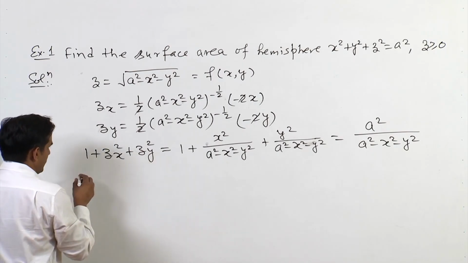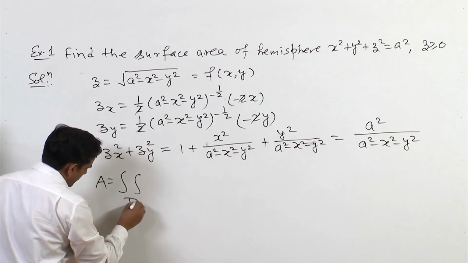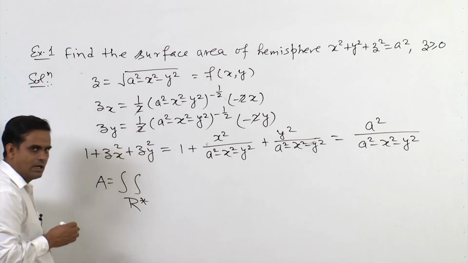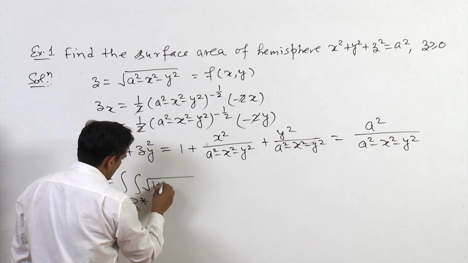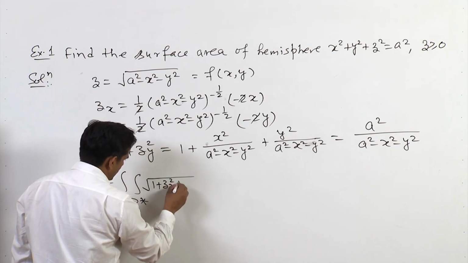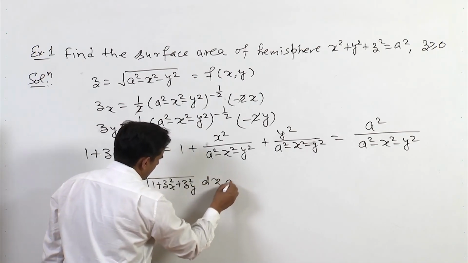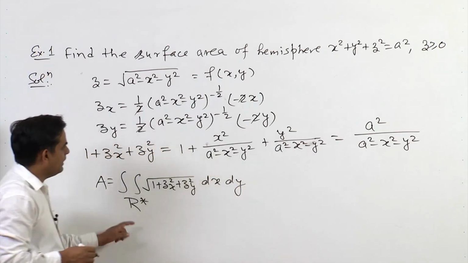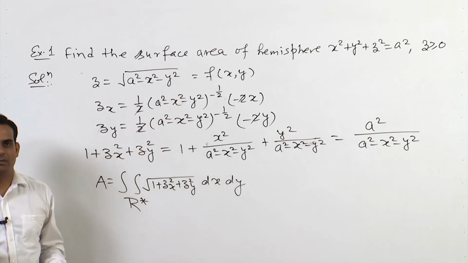Okay. So now surface area A is given as the integral over a region r star of square root of 1 plus zx square plus zy square dx dy. And please note that here I am projecting the surface on the xy plane.